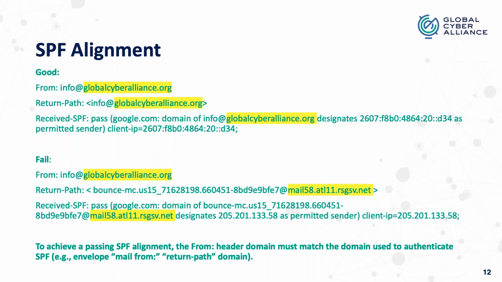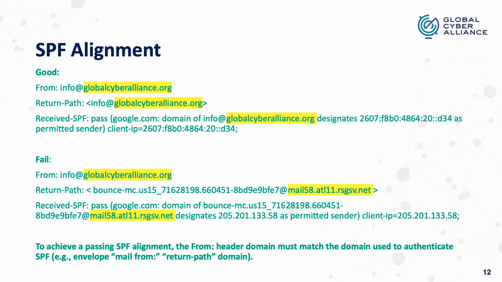What you see here at the top is good SPF alignment, with DMARC in play. You have the from address, info at globalcyberalliance.org, and the return path is also info at globalcyberalliance.org. So these two match up, and based on DMARC both are aligned, because the domains match.